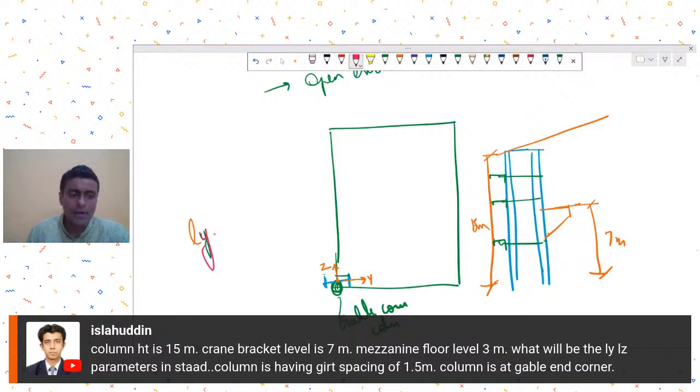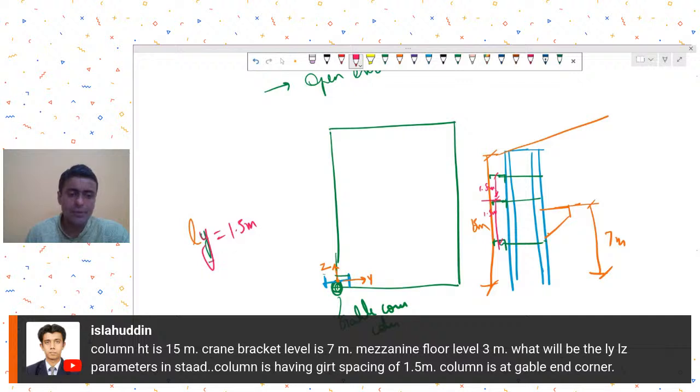So LY, you can take it as 1.5 meters in this case, assuming that your girt spacing is 1.5 meters, and assuming that the girts do have flange braces also.